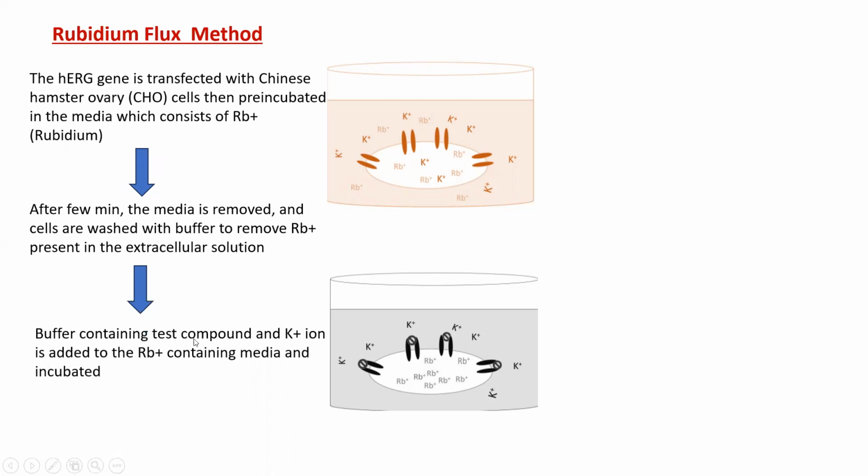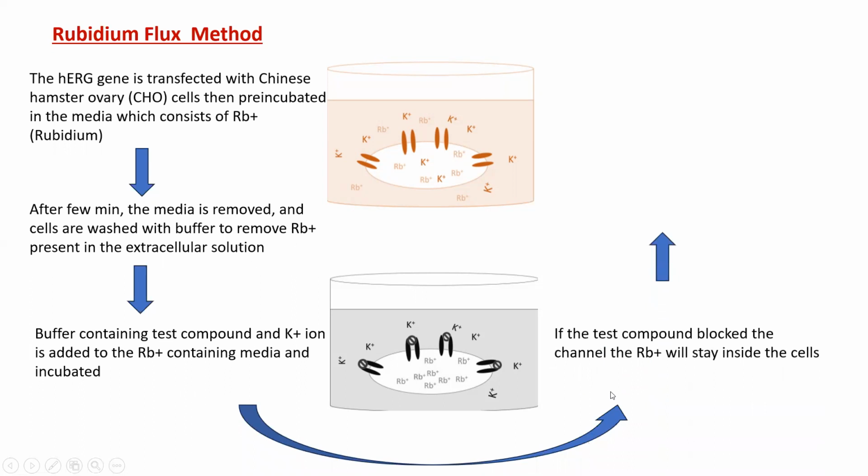Buffer containing the test compound and potassium ion is added and incubated. So after washing, the extracellular rubidium is washed out, and whatever rubidium is inside the cells, we add the test compound and the potassium ion containing buffer, and then incubate again for some time.